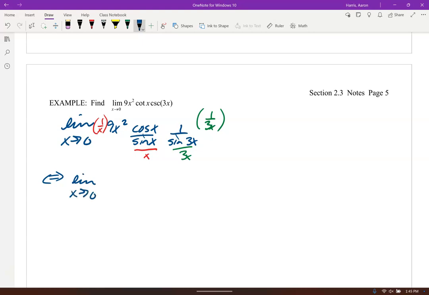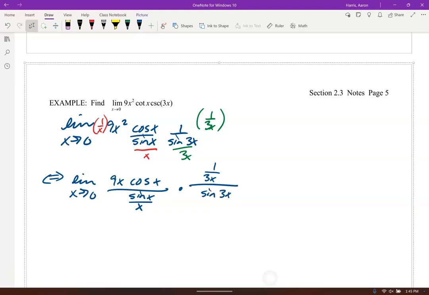So I got 9x squared over x, so I got 9x cosine x, and this is all over my sine x over x. I like the sine x over x part because that'll just give me the 1, right? And then over here I've got 1 over 3x, and then sine 3x over 3x.